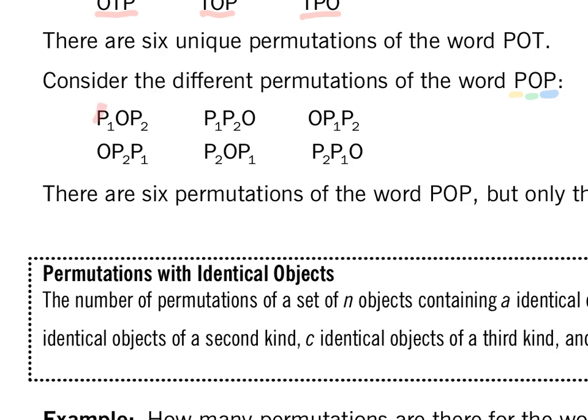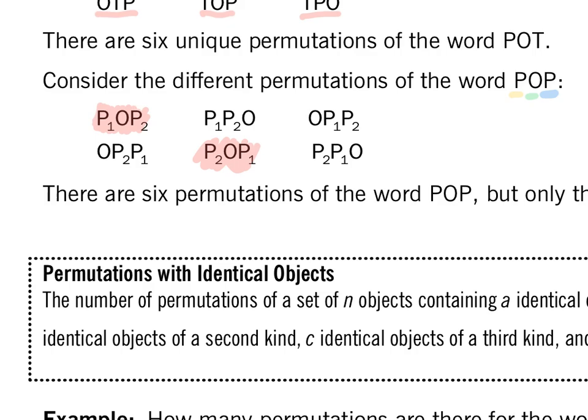Let's look at this one where it's pop, or let's look at this one where it's pop. Now, these are different words because the first one that I highlighted, the first P is leading off, and the second one I highlighted had the second P leading off.